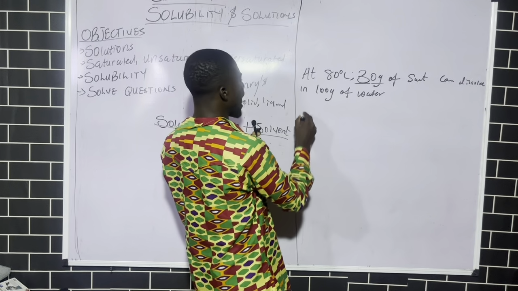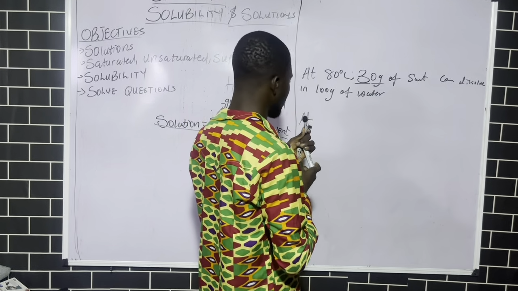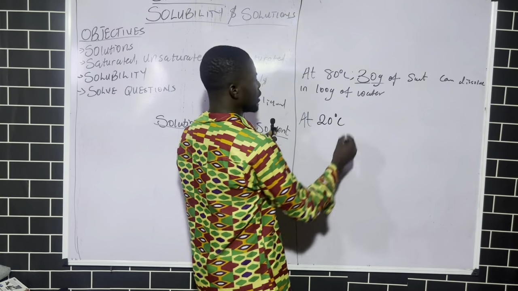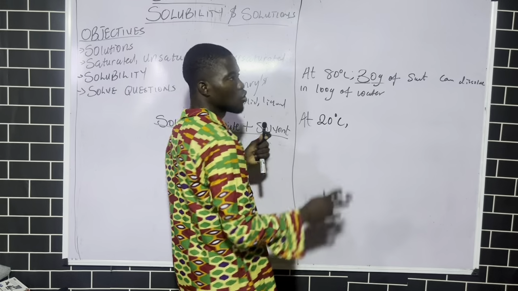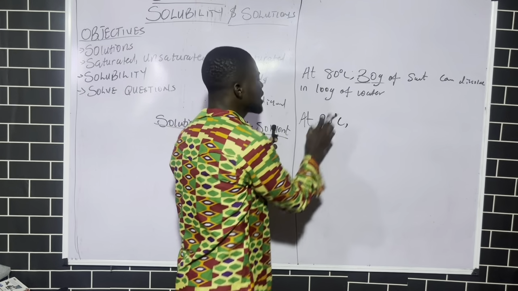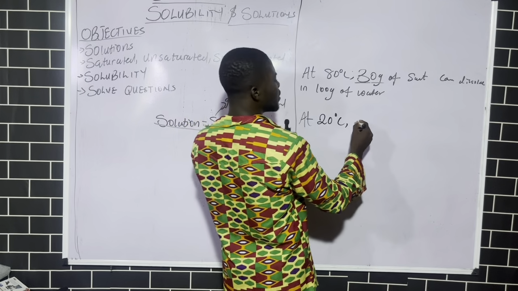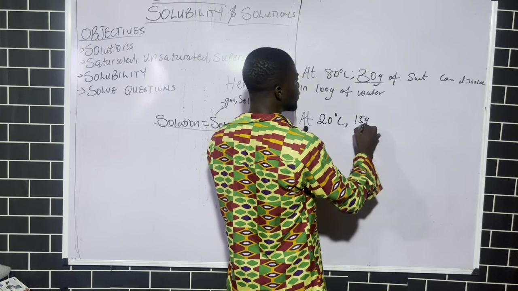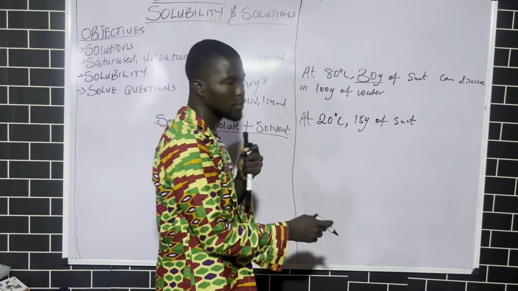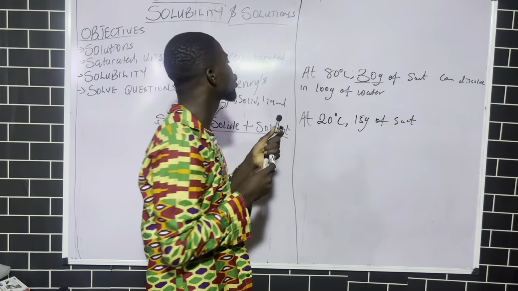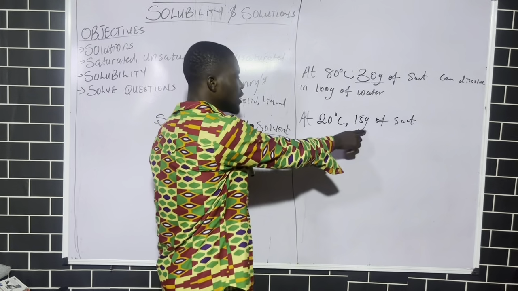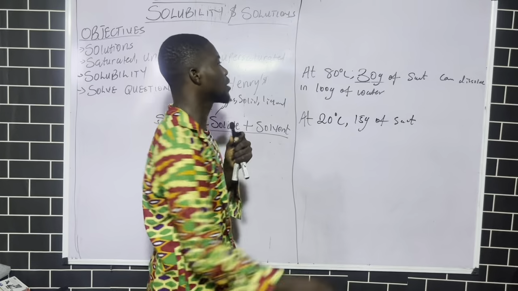So at 20 degrees Celsius, this particular water can receive just 15 gram of salt. Are you with me? Which means that at 20 degrees Celsius, the saturation point is 15 gram, and at 80 degrees Celsius, the saturation point is 30 gram.